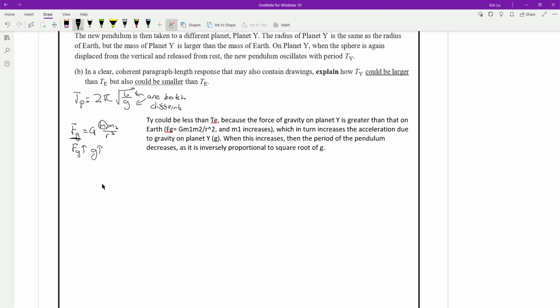If you already know why, you don't have to say this, but I will just draw a free body diagram of all the forces on the block. So first of all, there's gravity, and the only other force would be the tension force.